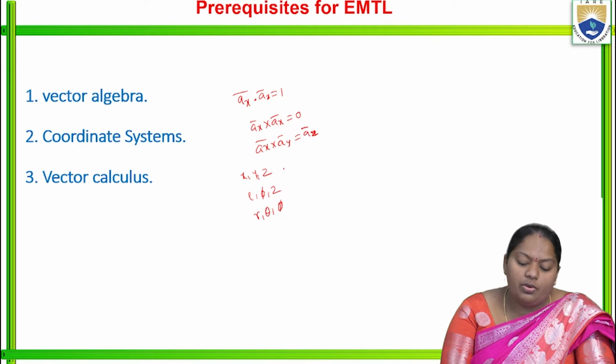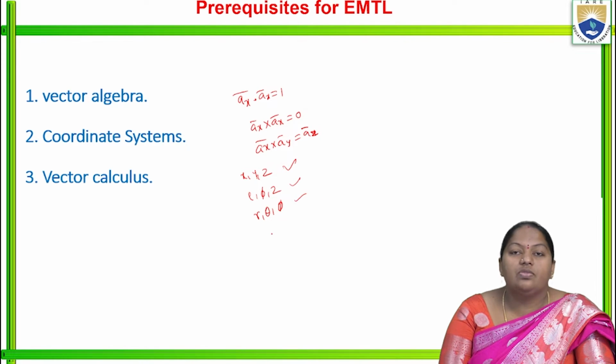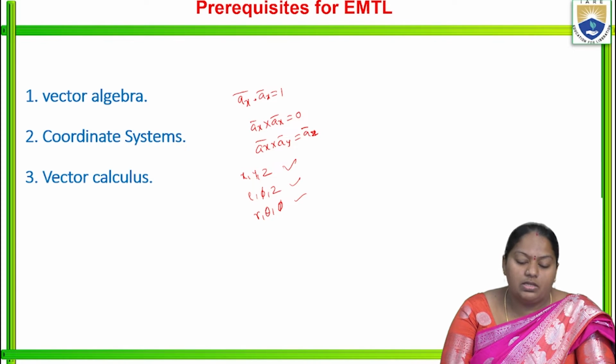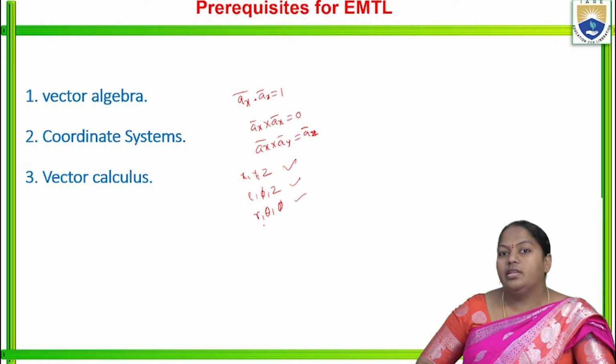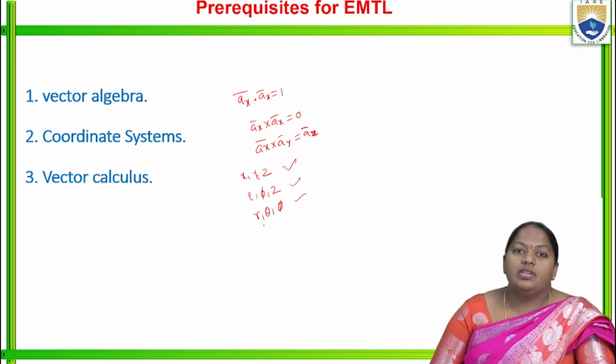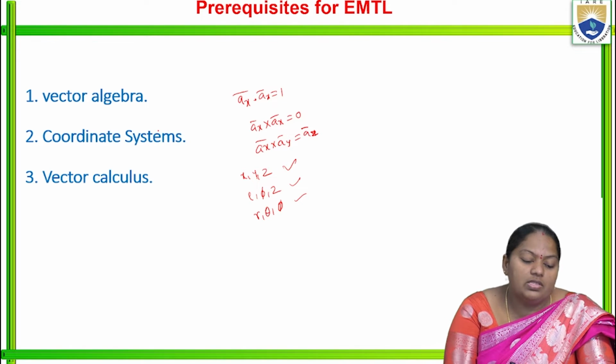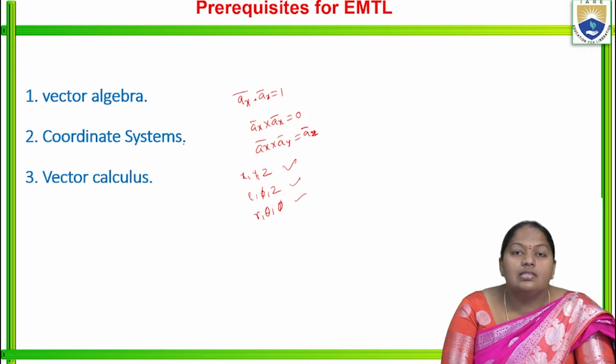With the help of all these coordinate system variables, we will define how the point P is represented in the respective coordinate systems, and how the vector form is to be represented. Then unit vectors and transformation from one type of coordinate system into another we also learned in the previous lectures on vector algebra and coordinate systems.